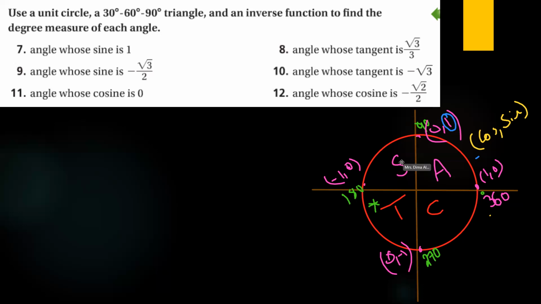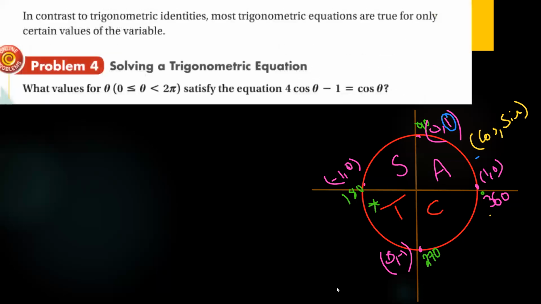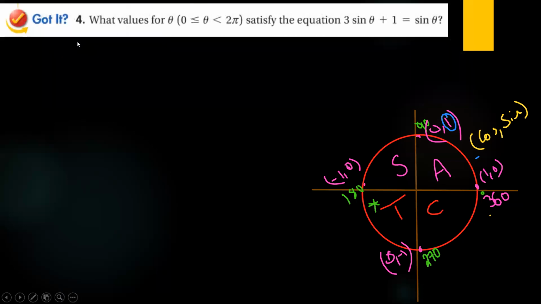This is after 2 pi, the second rotation. But here, later on, when you look at the questions, they tell you, and you solve the equation, the domain here is from 0 to 2 pi. So I only talk about one rotation from 0 to 360. I will not talk about greater than 2 pi.